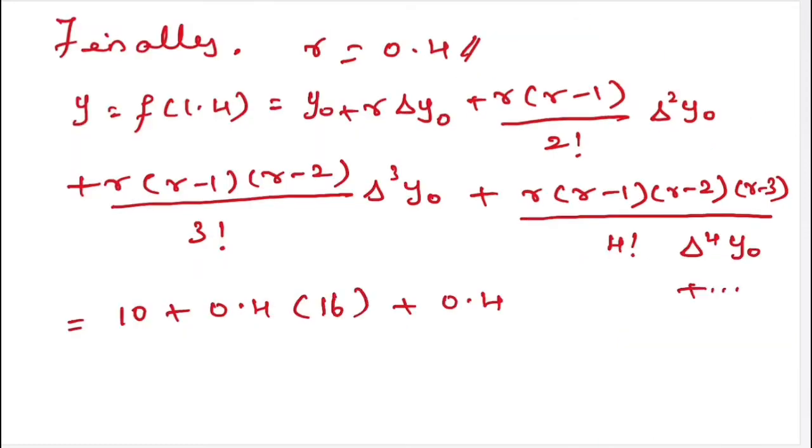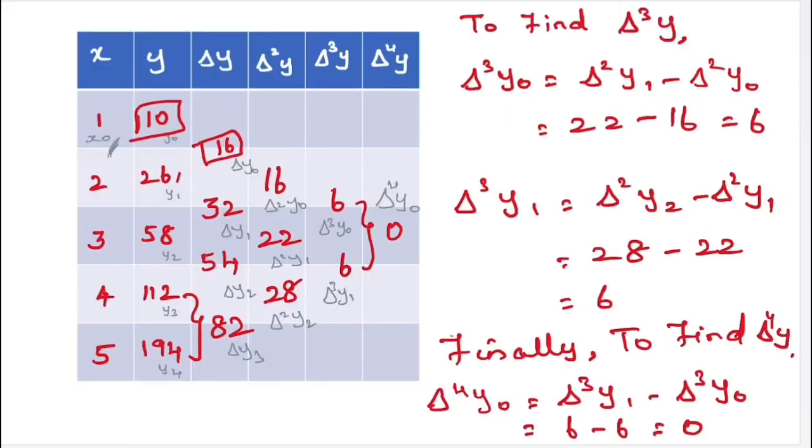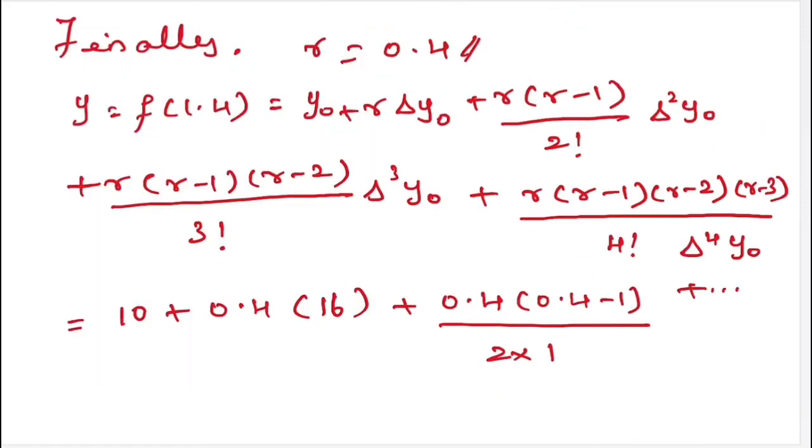Plus r is 0.4, so 0.4 into 0.4 minus 1 by 2 factorial, so 2 factorial is 2 into 1, into delta square y naught, which is 16.